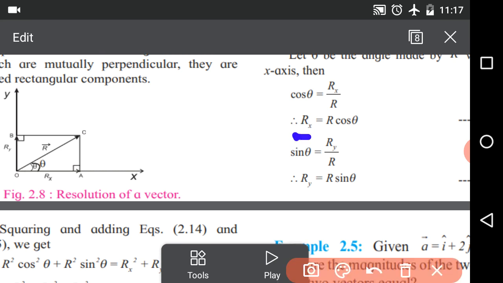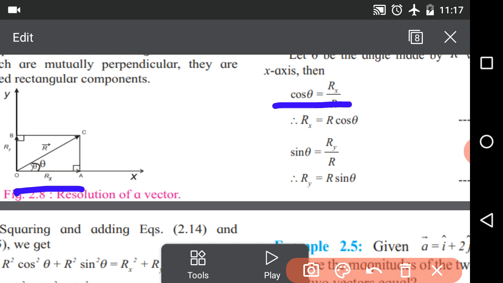So you can find it. See, Rx is the adjacent term to the angle, so you will use the equation for cos theta. Cos theta is equal to Rx upon R, where R is the hypotenuse.